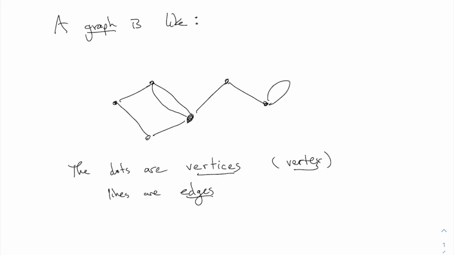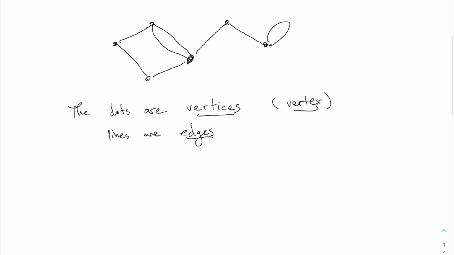What are graphs good for? Actually, a whole lot. I'm going to try and convince you today, at least, that graphs are very useful in the real world. Just some more very basic terminology. One thing that ends up being very important in a graph is called the degree of a vertex, and we're going to talk about this all the time.